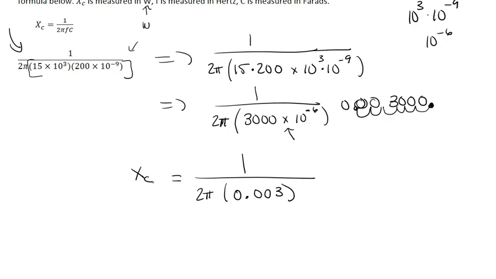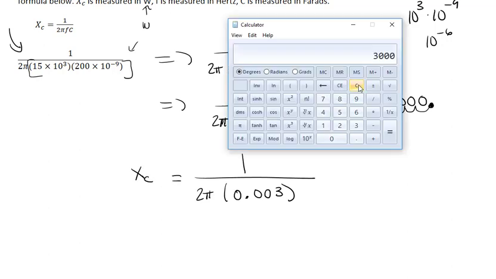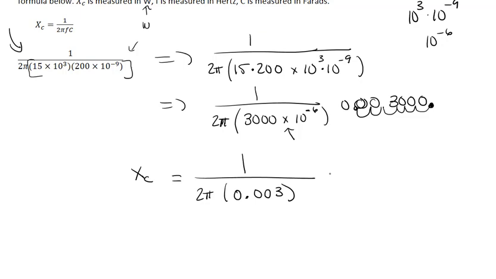And so now we can get our calculators out. We go 2 times pi times 0.003, and we get 0.01885.